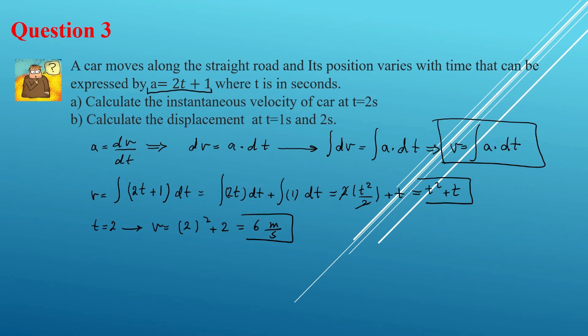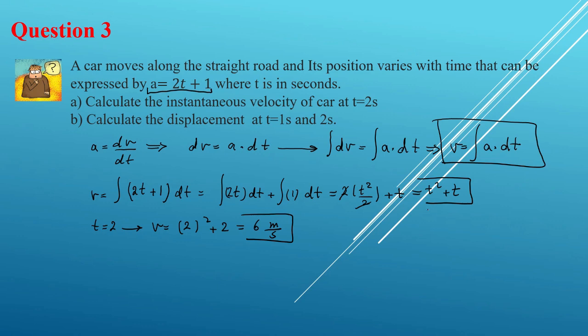So how about the displacement at t equal to 1 and 2 seconds, right? So same thing, if I have the velocity, I can take the integration of that equation and then calculate the displacement, right?